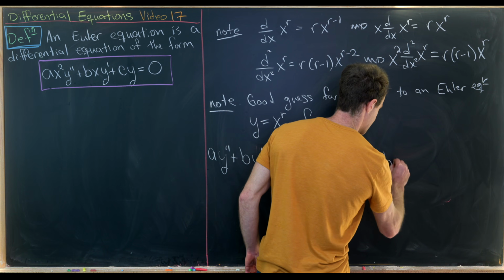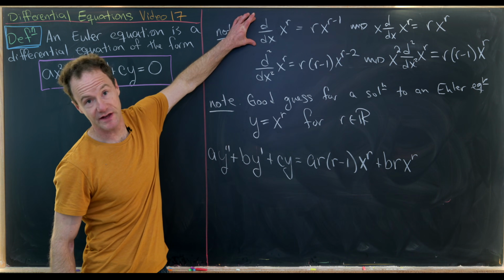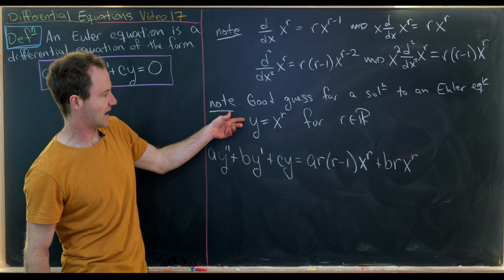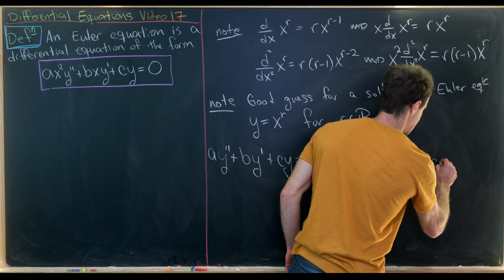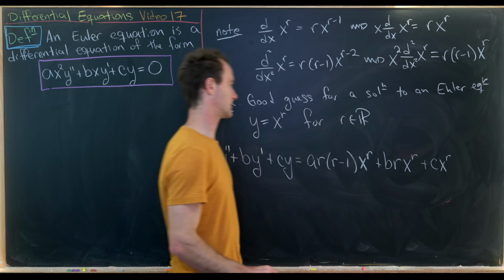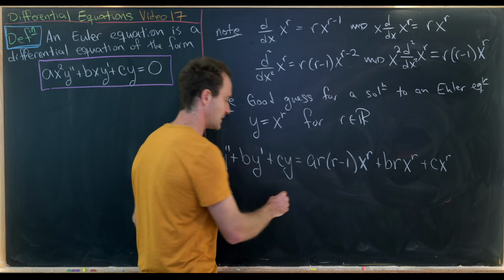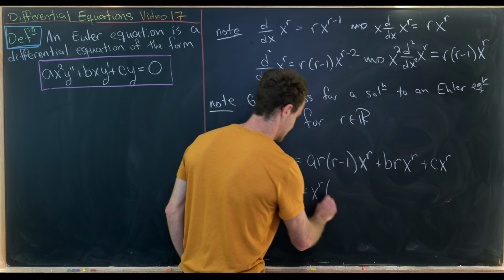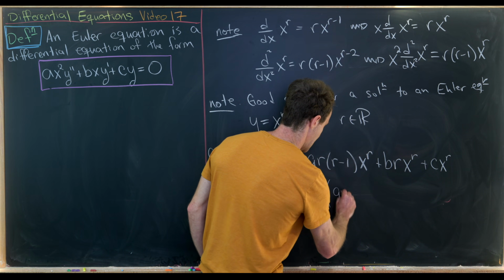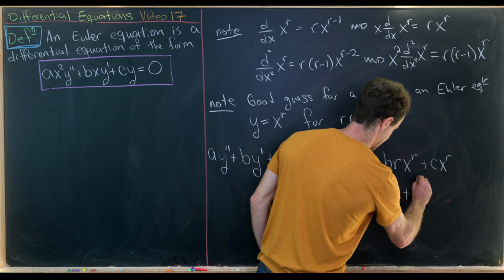And then we'll have plus b times r times x to the r from our calculation right here, again with the fact that we're taking y to be x to the r. And then plus c times x to the r. Again, here it's just because we're taking y to be x to the r. Then from here, we can factor an x to the r out of this, and we'll get the quantity a r times r minus 1 plus br plus c.